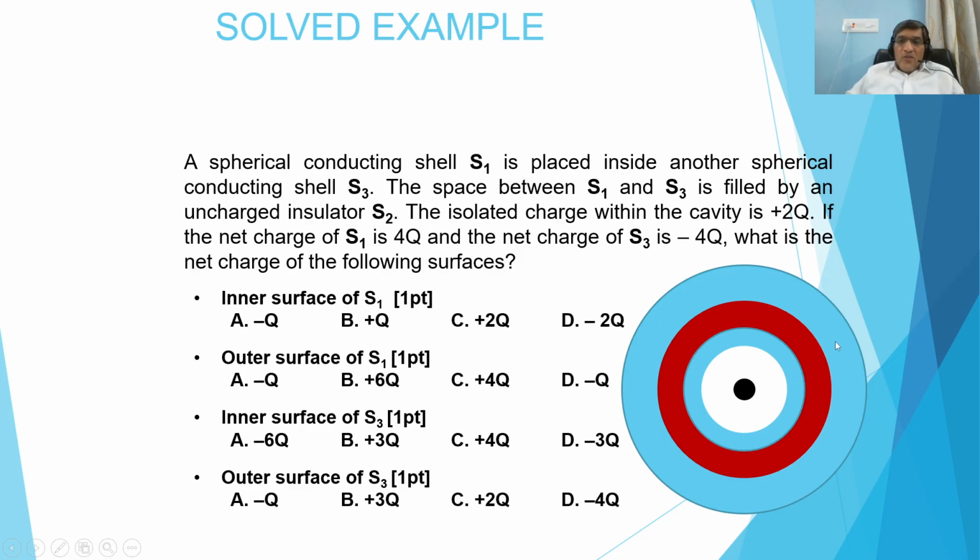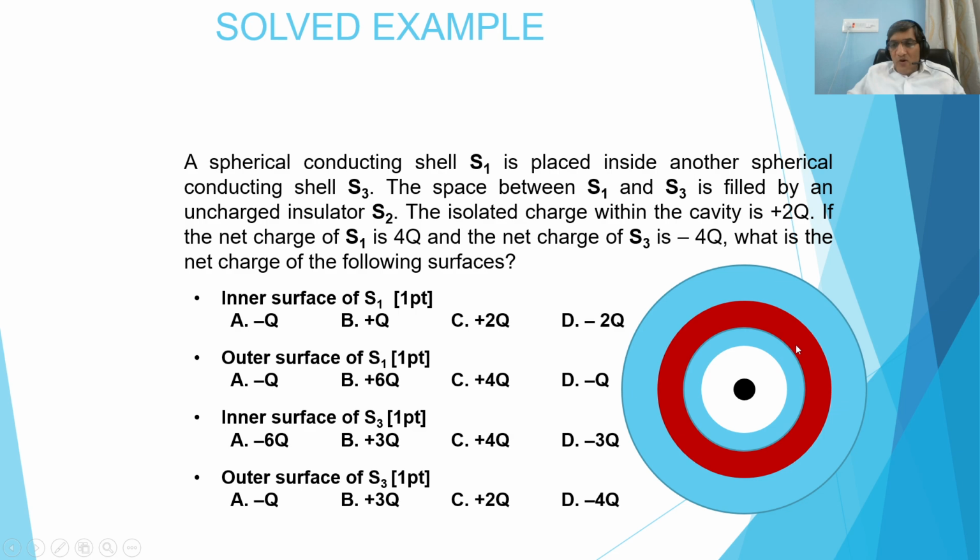So S1 is this small blue circle, which is inside this S3 shell, and this is the insulating material which is sandwiched between these two.